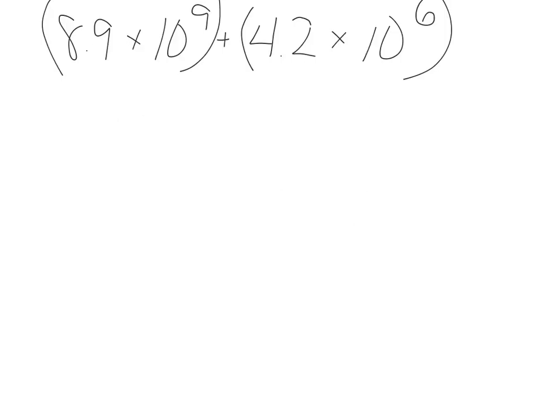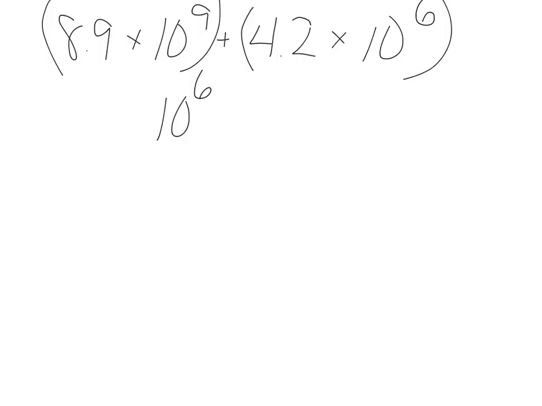Now looking at the one we started with, 8.9 times 10 to the ninth, 4.2 times 10 to the sixth. It really doesn't matter which way you do it, you're going to get the right answer either way. So I might make this one go down 3. So 10 to the 6th.